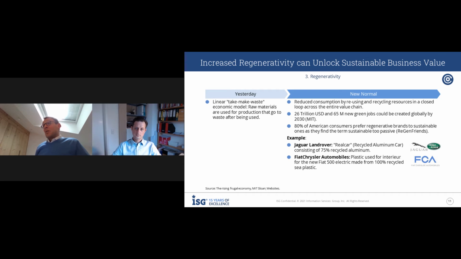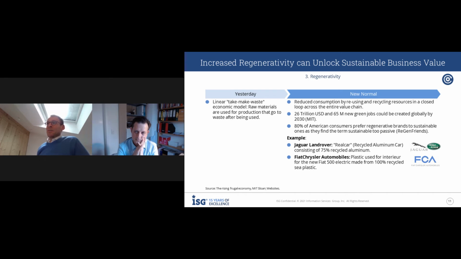I think the whole topic of regenerativity and sustainability, especially in the automotive industry, is a very important topic, because from a customer perspective, the customers are now really asking: what's your ecosystem, what's your sustainability footprint, and what do you do to protect the environment.